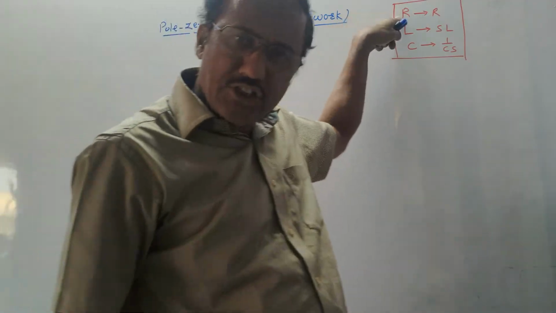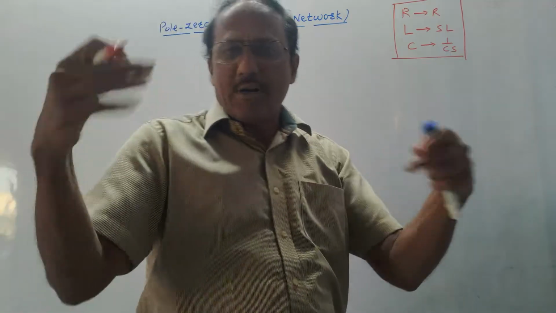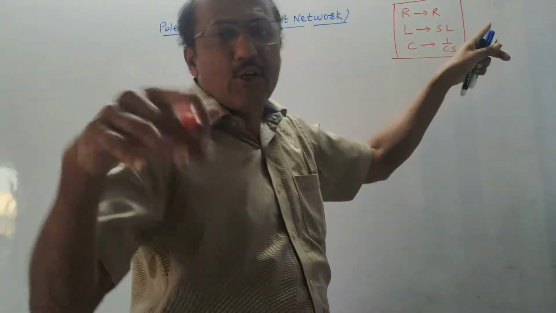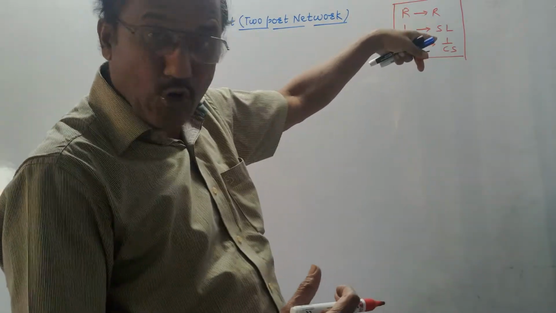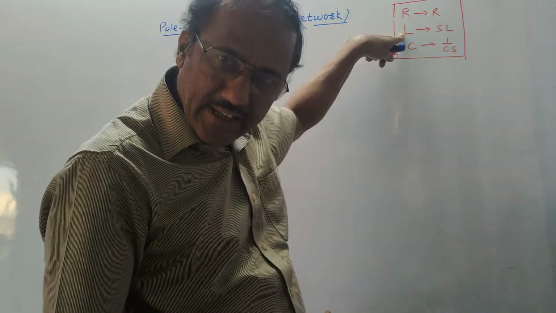R stands for resistor. If you are working with RLC in normal domain, that means in time domain, then how to transform the terms into Laplace? It is given by this formula. R remains as it is in Laplace. L is the inductance.